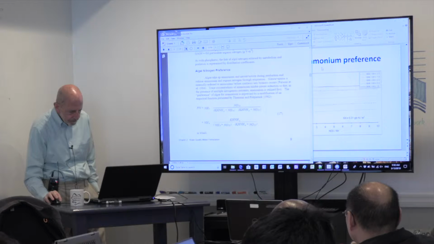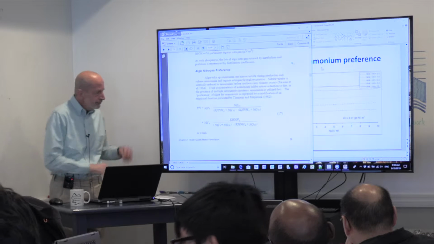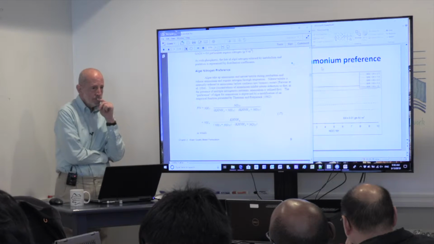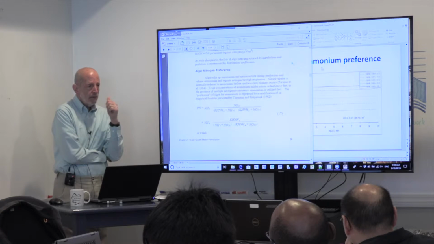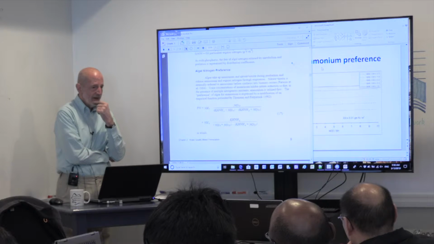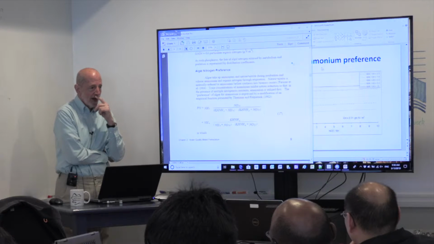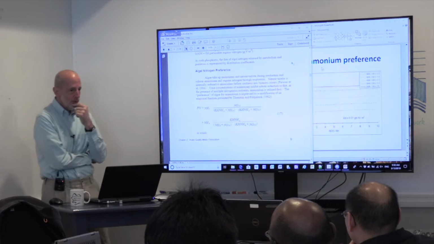Just out of curiosity, did you make that modification because of information in the literature, or because it really improved the calibration of the ammonia and nitrate in the model? Literature and criticism from reviewers. I'm not going to claim it made the model better or worse, but those were two influences.